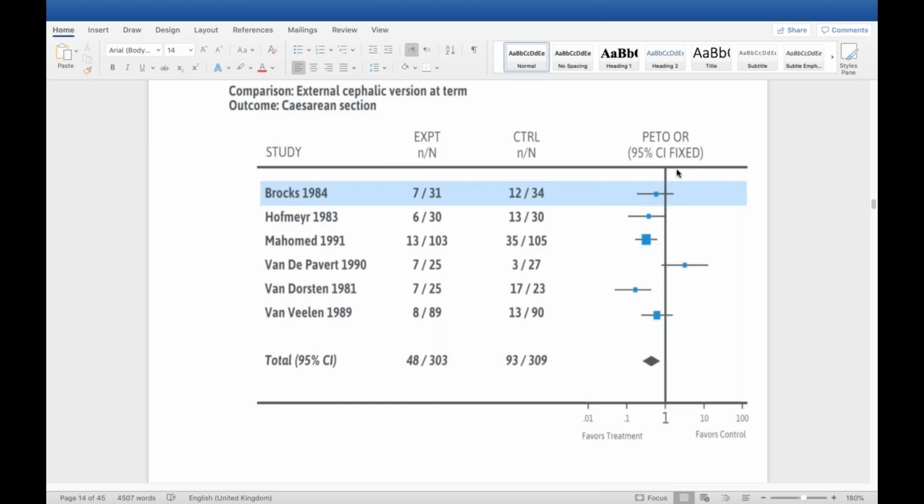Okay. And how do we say that this is significant or not? If something is touching this line, it is not significant, so if the conclusion is not touching the line, that's a significant result. Okay, so this is the 95% confidence interval. If it is touching the line, probably these two types of treatments are overlapping, and that's why it touched the line.